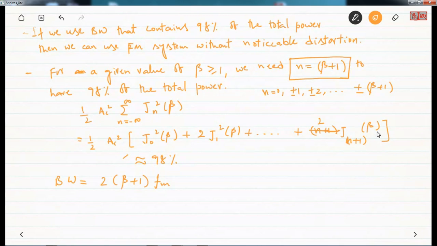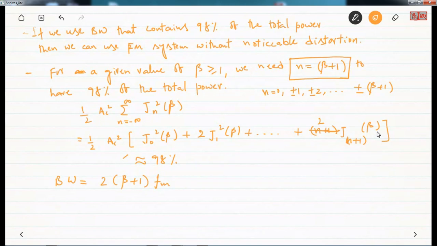So if I consider side frequencies up to beta plus 1 on one side, or 2 into beta plus 1 in total, then that will give me 98% of the power. So my bandwidth required, and I'm saying that we need to transmit only 98% of the power.